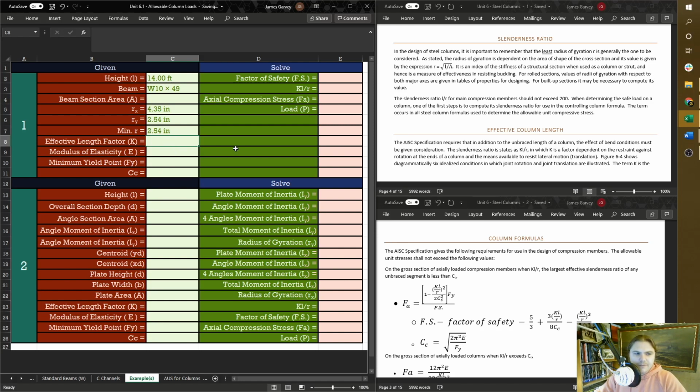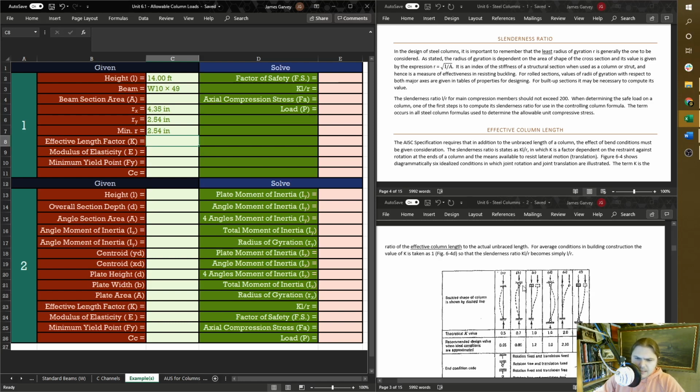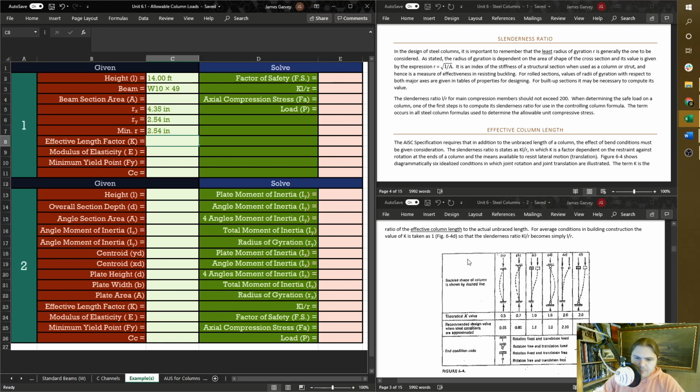Our effective length factor, K, you can find in this table here. That depends on how the beam is being supported. So this is kind of blurry, but our K is going to be 1, let's see if I can find that one right here.